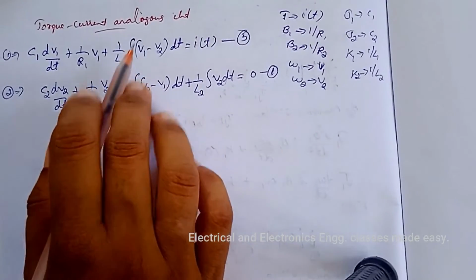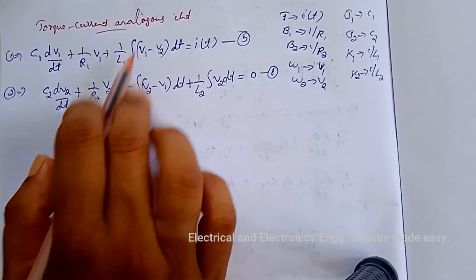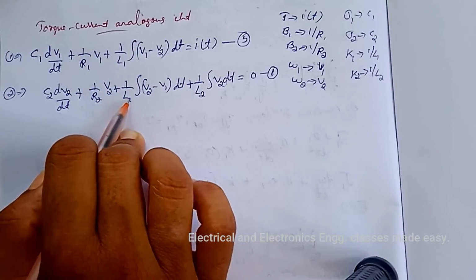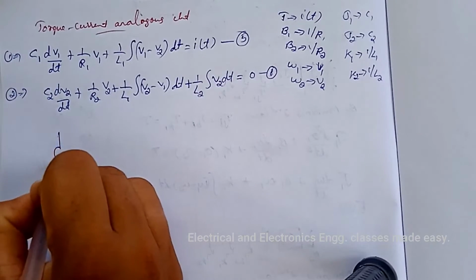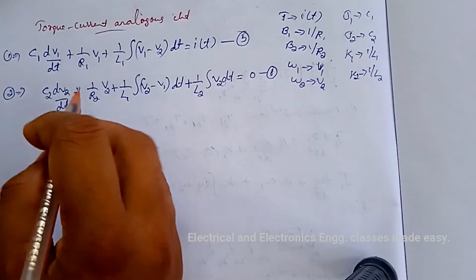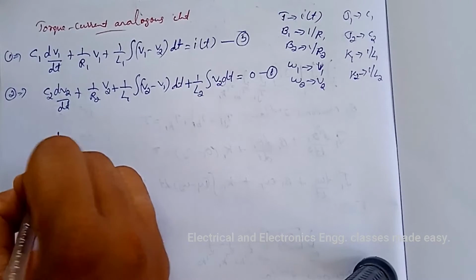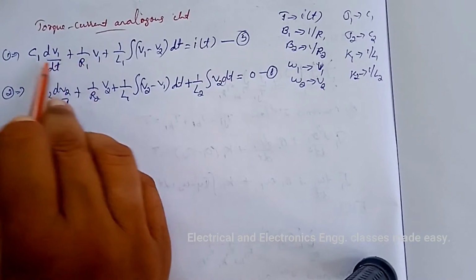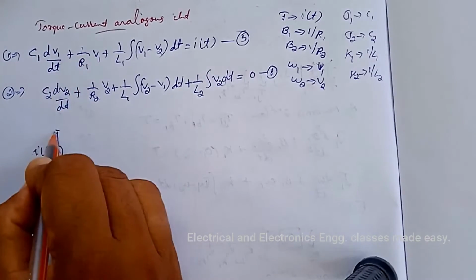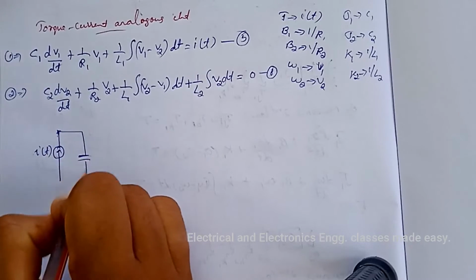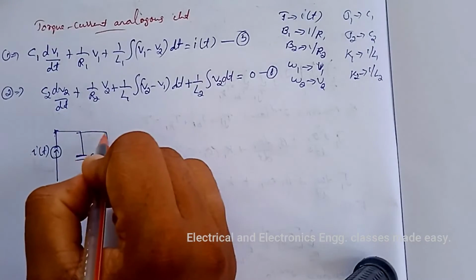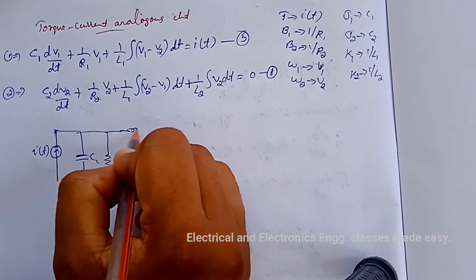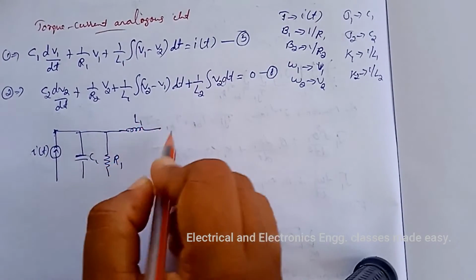So here L1 is the common element and all the elements are parallel. So I of t, then C1 and R1. So C1, then R1, then L1. L1 is the common element.